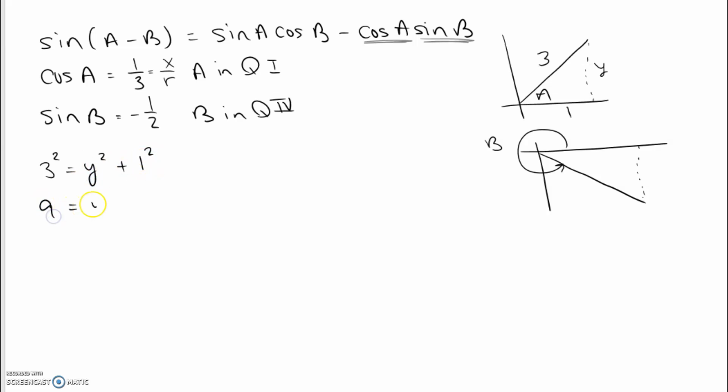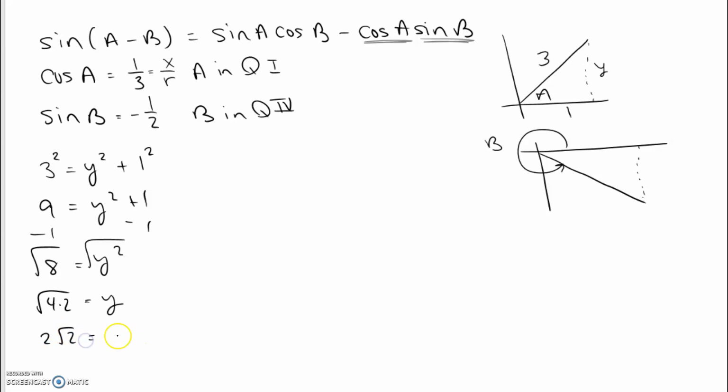So 9 is equal to y squared plus 1. Subtract that 1, so 8. And then square root both sides. So this would be 4 times 2, or 2 square root of 2 for y.